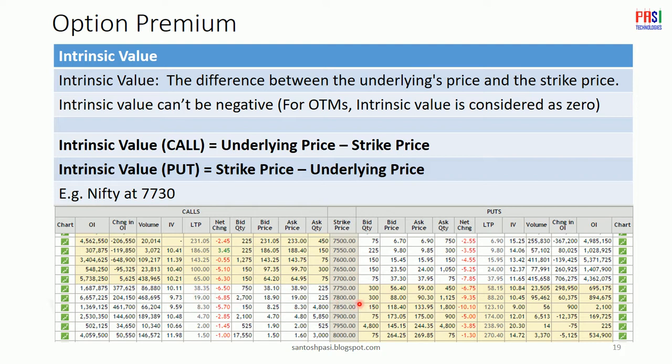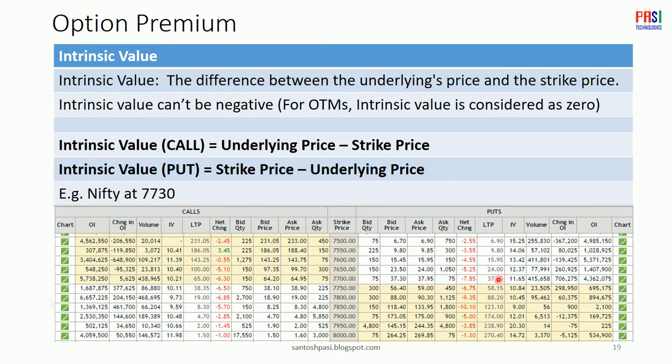Same if we're going for the put side, 7800. Here the formula is strike price minus underlying price. So strike price 7800 minus underlying, in this case 70 is my intrinsic value, and the extra, that is 18 rupees 20 paise, is my time value.